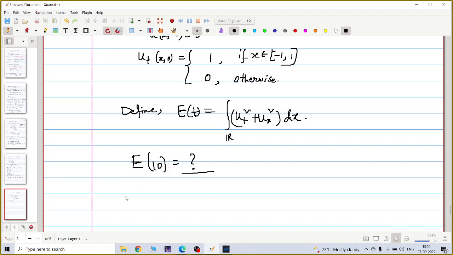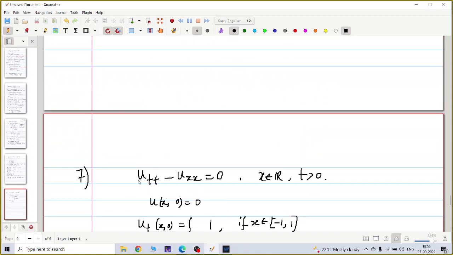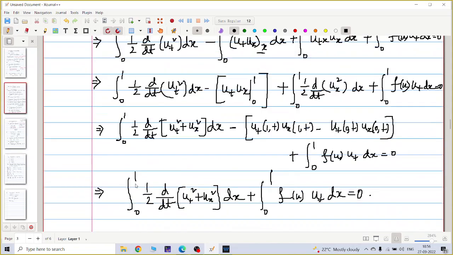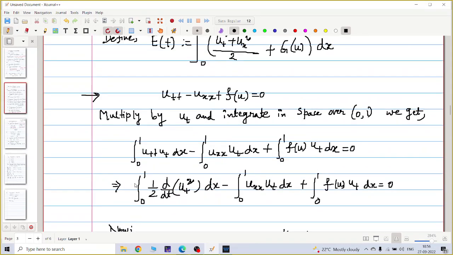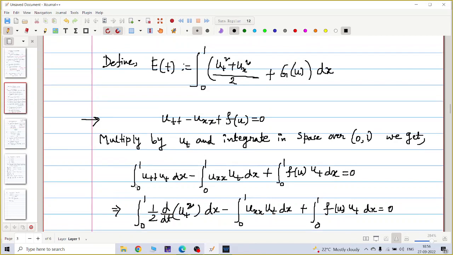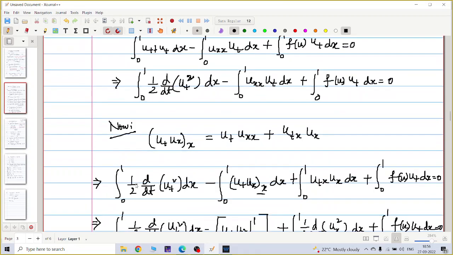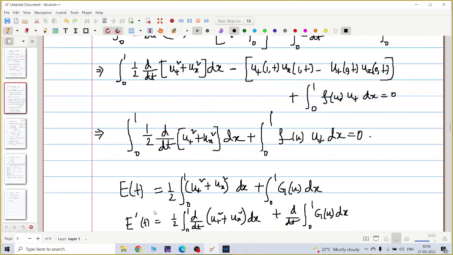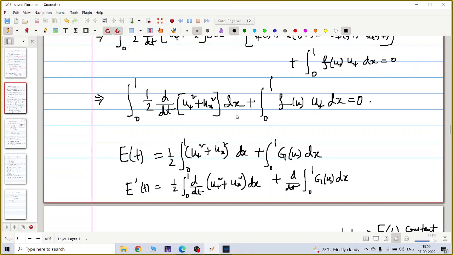As I did earlier in my second problem, I multiply this equation by u_t and integrate in space. Using the same technique, I will get d/dt of E(t).